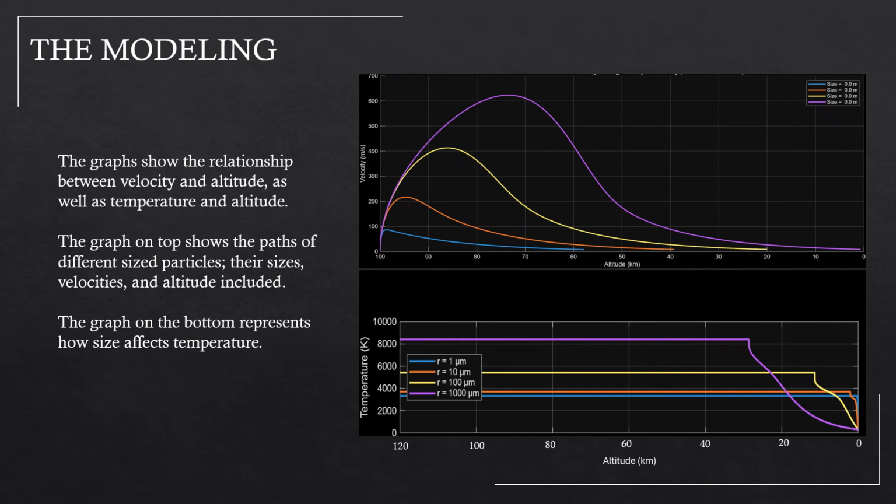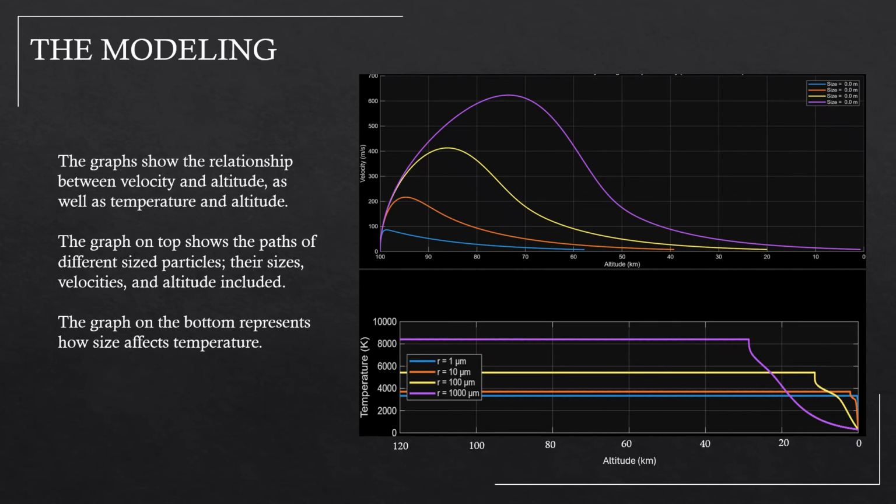In the top graph, we can see that the purple line, which represents the 1 micrometer particle, is able to travel further than the rest of the particles. This shows that the smaller the particle, the more its velocity will increase before it starts to slow down, allowing it to travel closer and closer to the Earth's surface.